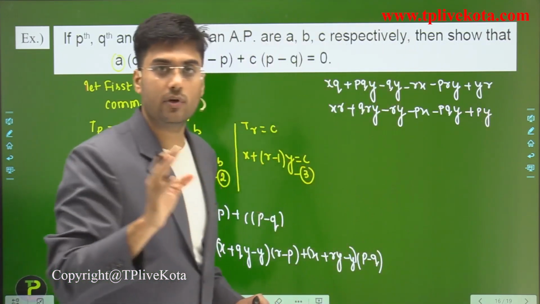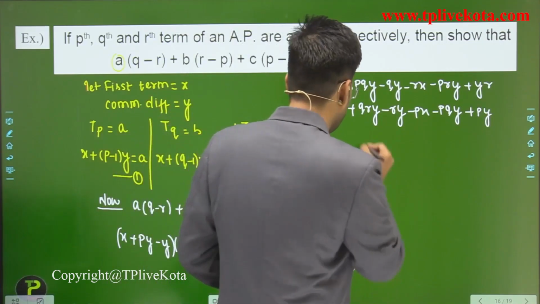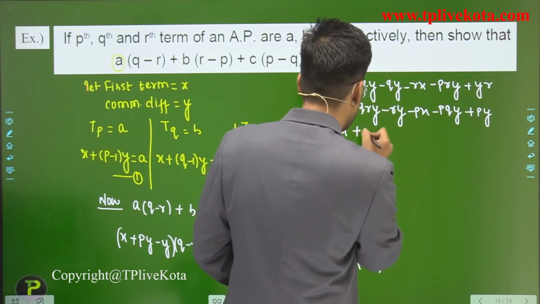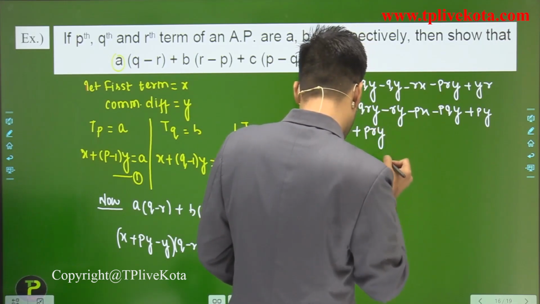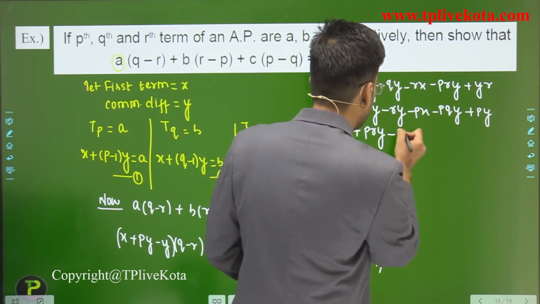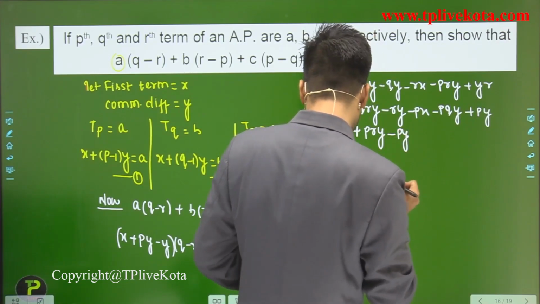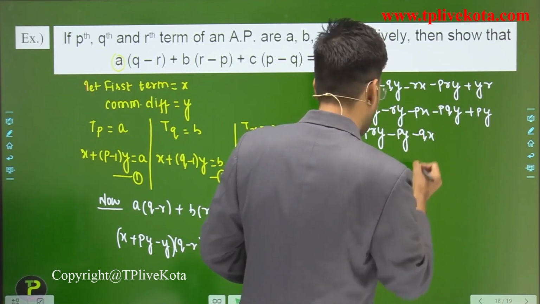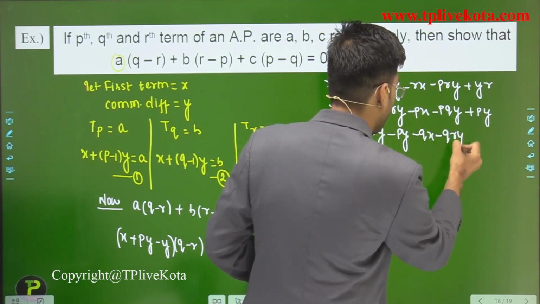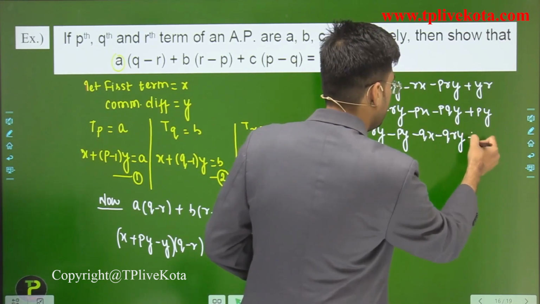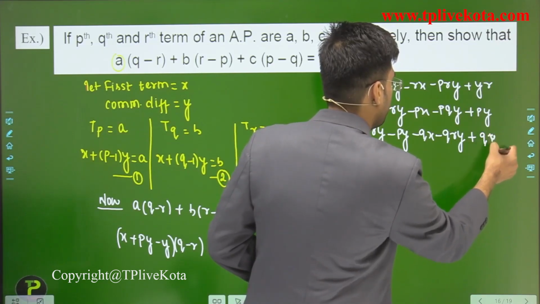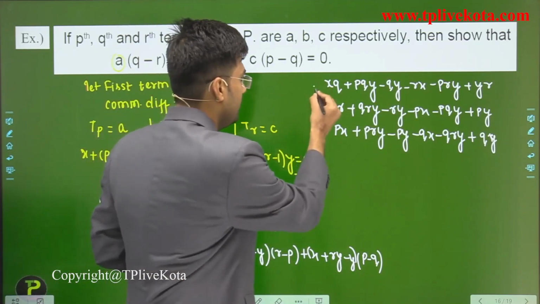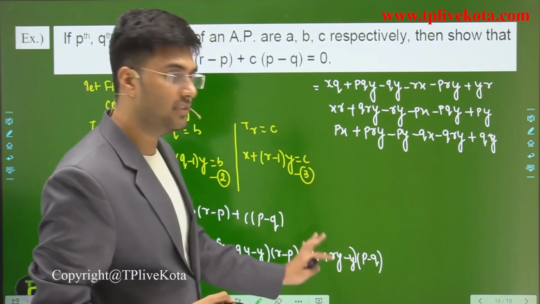This is the second product here. Now the next is what? It is Px plus PRy minus Py minus Qx minus QRy minus QRy and plus Qy. Clear? Plus Qy. This is the solution of these products.